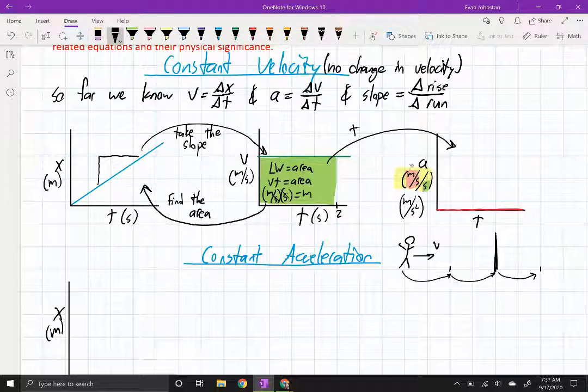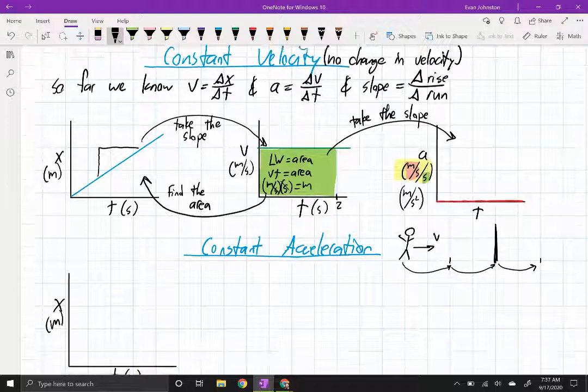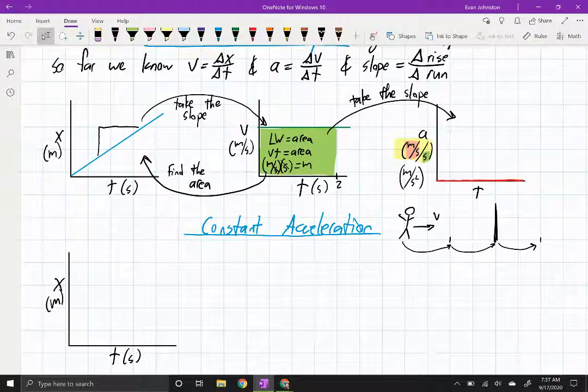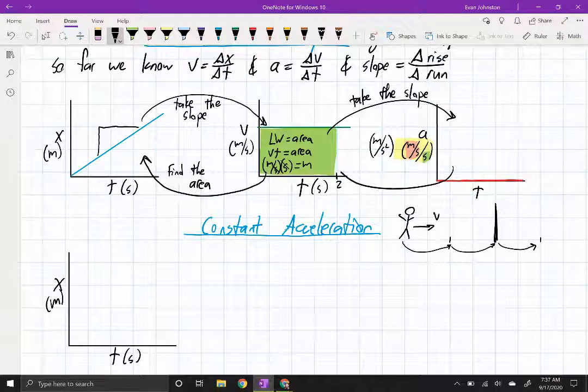Again, we take the slope. Now, I can't take the area to go backwards in reverse here, but you will have to trust me on it, and I will show you in just a moment that to go this way, we do just need to find the area again.